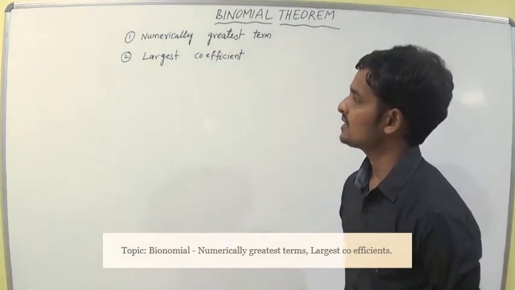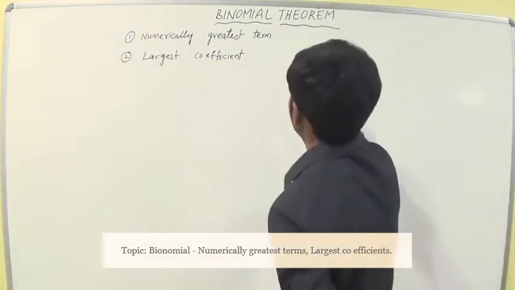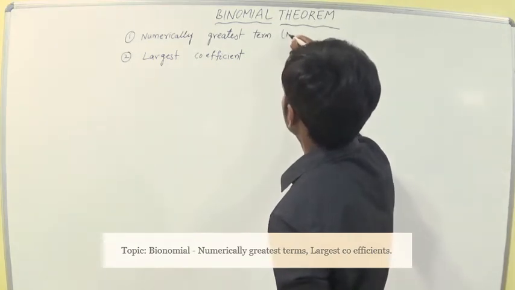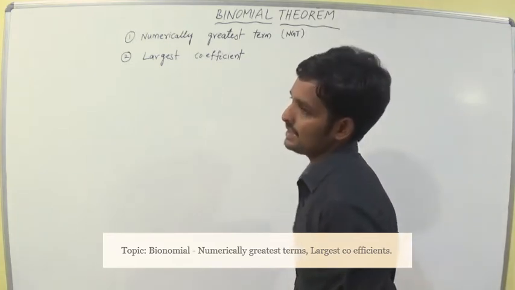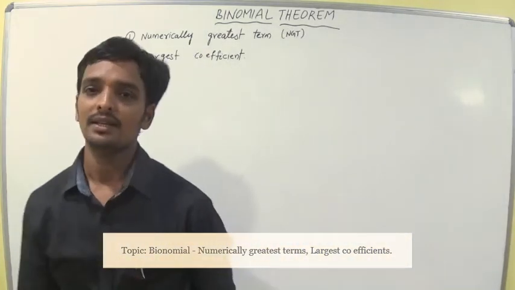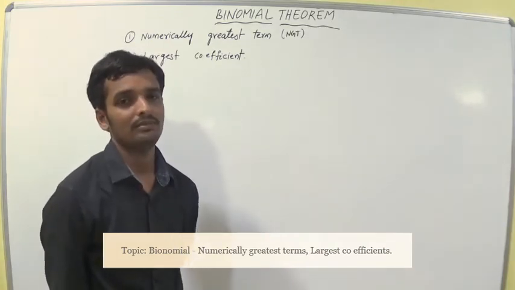The first thing is numerically greatest term. So simply we are writing NGT. N means numerically, G for greatest, T for term.